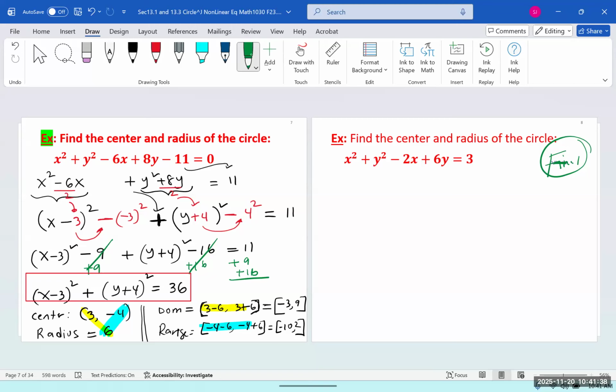What is the equation in standard form? What's the domain? What's the range?